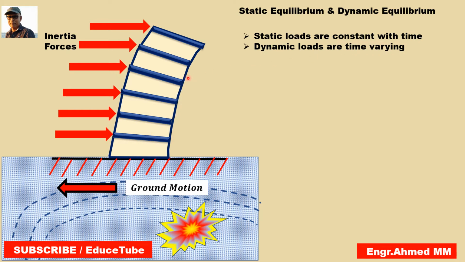Majority of civil engineering structures are designed with the assumption that all applied loads are static. And we use the displacement method of analysis to get relations in terms of the equation of static equilibrium like this.